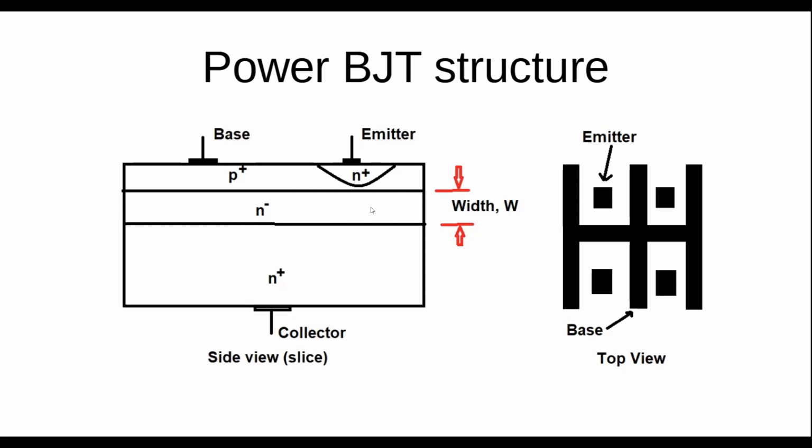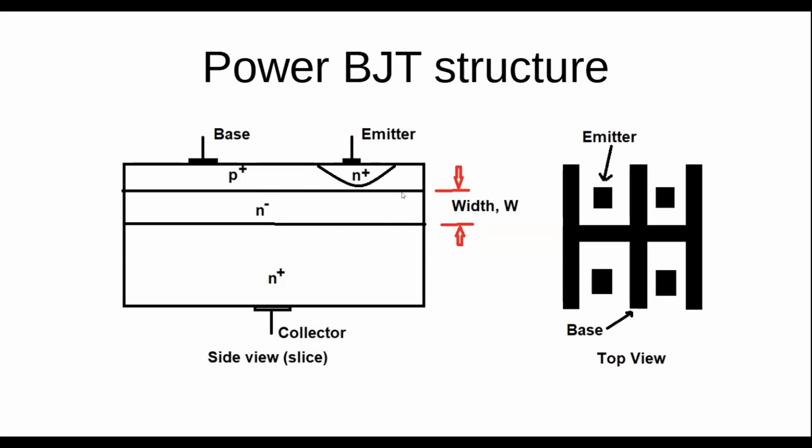So the concentration of electrons in the N minus area is less than the concentration in the N plus area. We're doing this so that this looks more like an insulator than these other regions, and the reason for doing that is to enable us to block large voltages. Without this, we would not be able to block large voltages. Again, remember, we're blocking positive voltages in this case.